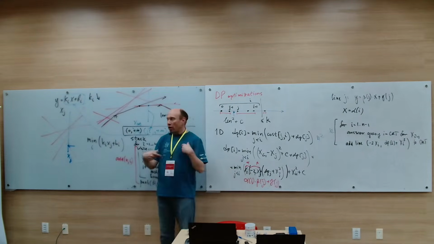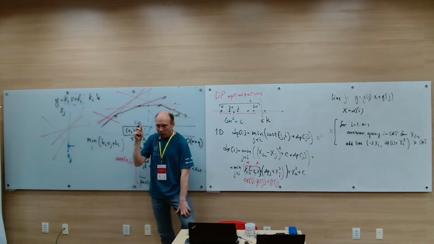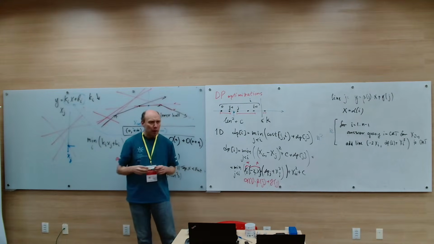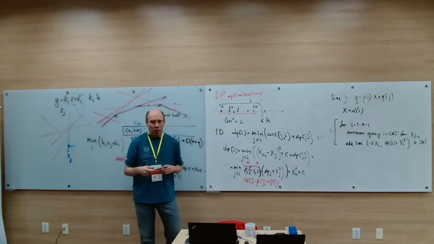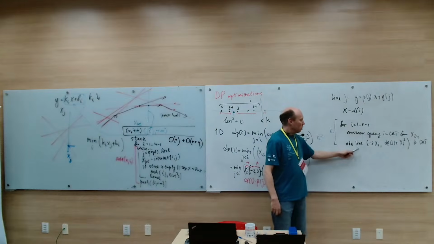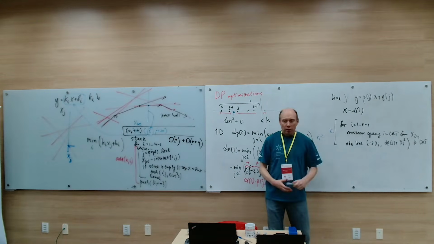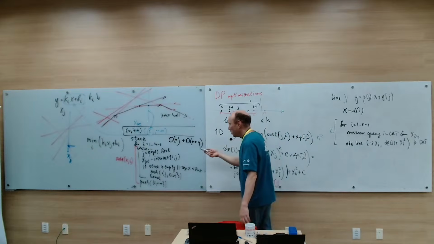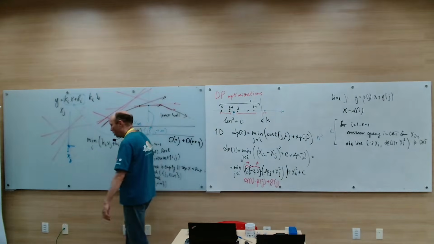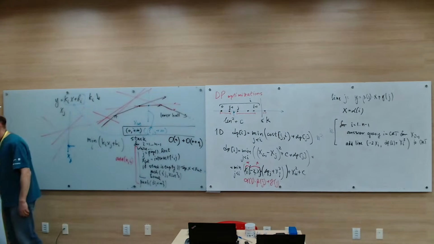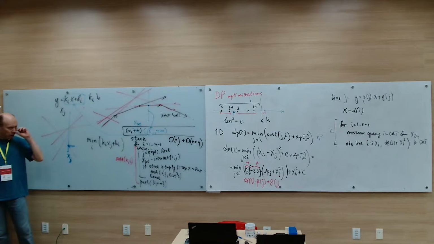Still the line trick seems to be possible to use, but now this operation of adding a line becomes more tricky. And this is the advantage of Li Chao tree, that it avoids that.